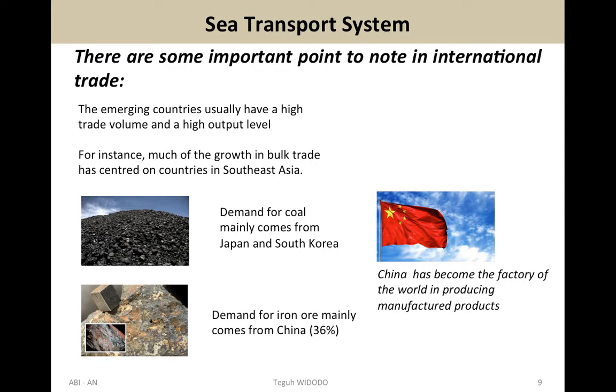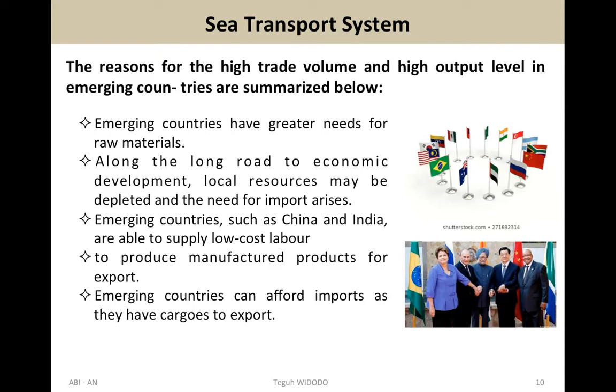Demand for coal mainly comes from Japan and South Korea. And then demand for iron ore mainly comes from China, about 36%. In another sense, China also has become the factory of the world in producing manufactured products. The reasons for the high trade volume and high output level in emerging countries are summarized as below.